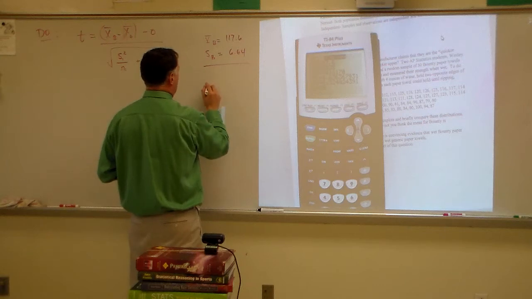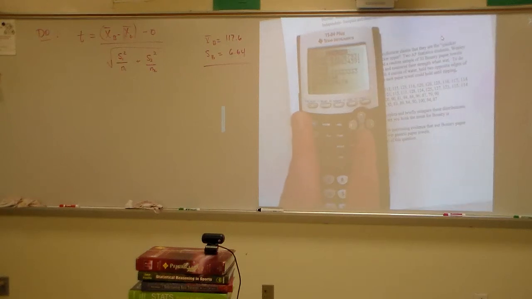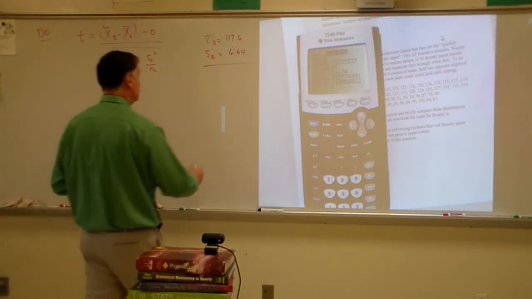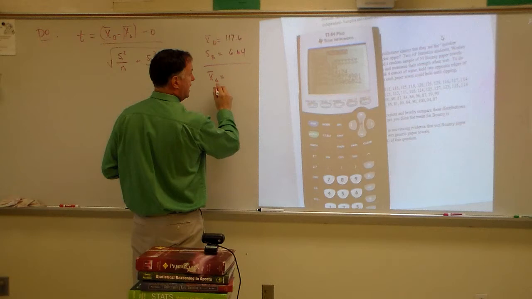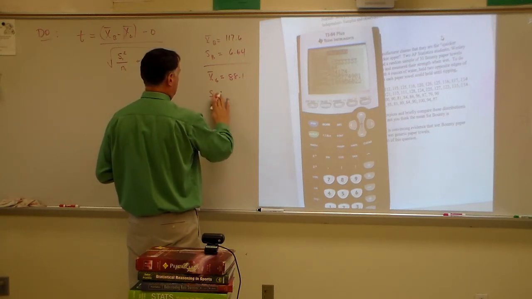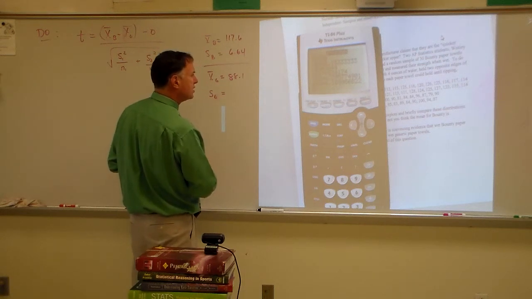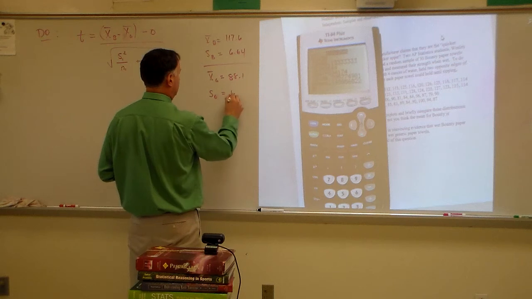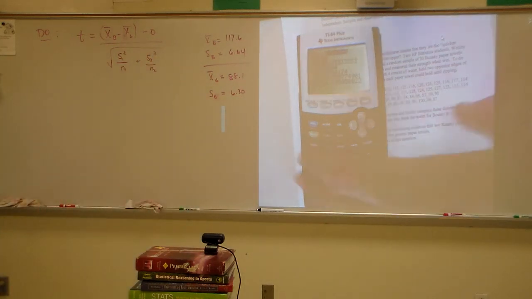And then I got to do the generic. So all I have to do is scroll down a bit. Wow, look at that, huh? Do we think there's a difference? Yeah, we do. The mean of generic is 88.13, and the standard deviation for generic would be 6.30.